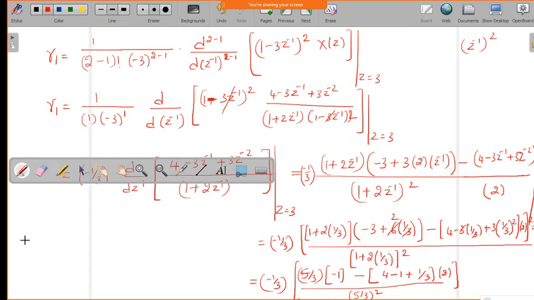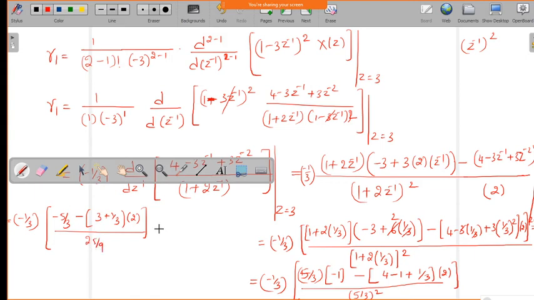So now we can evaluate again. Here 1 minus 1 by 3 will be there as it is. So what will happen in the numerator? Numerator: minus 5 by 3 minus, so this will become 4 minus 1 by 3 plus 1 by 3 into 2. This is divided by 25 by 9.